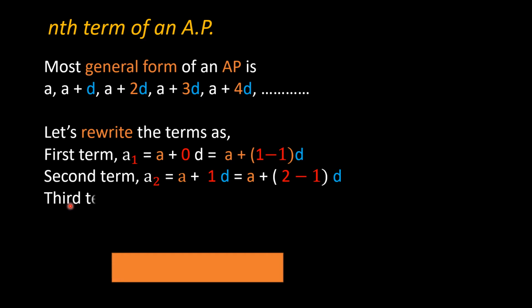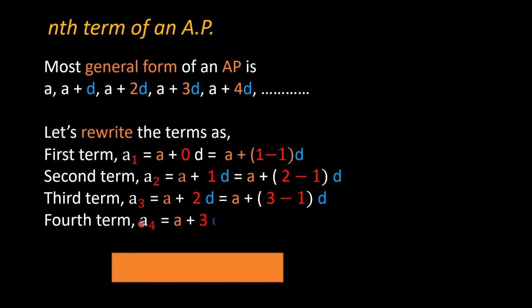Third term a3 we will write as a plus 2d, and this 2 we will write as 3 minus 1. The fourth term a4 we write as a plus 3d, where this 3 we will write as 4 minus 1, and so forth.